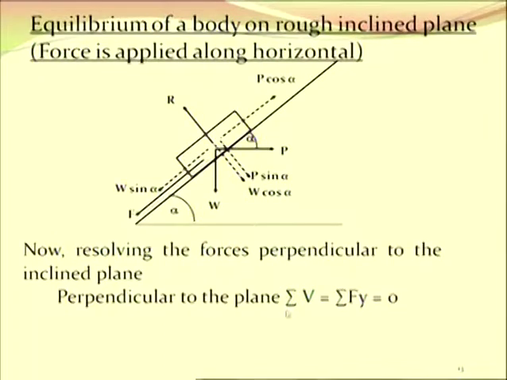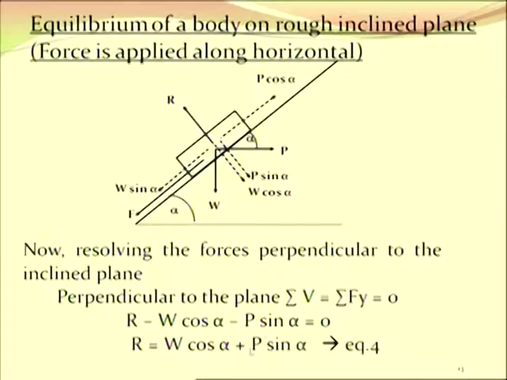Here sigma Fy is equal to 0: R minus W cos alpha minus P sin alpha equals 0. So R is equal to W cos alpha plus P sin alpha, that becomes our equation number 4, which is like equation number 1.